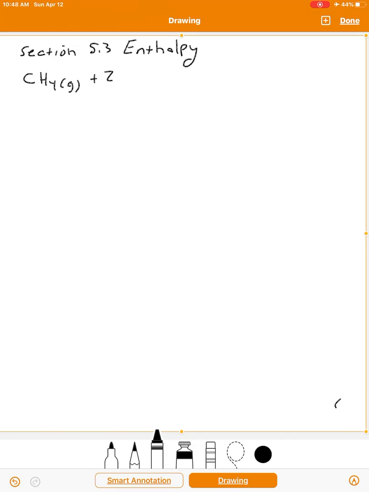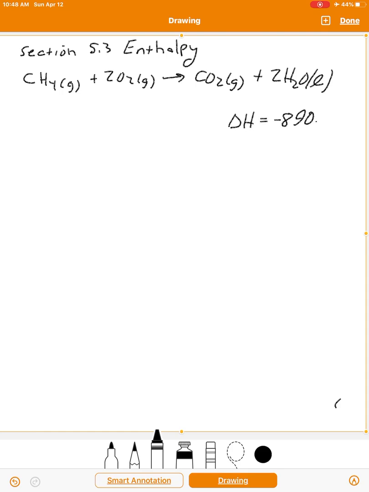I'm going to rewrite the equation. Okay, I've run out of room over here on the right, so I'll write delta H is minus 890.4 kilojoules. Here's how we evaluate this.